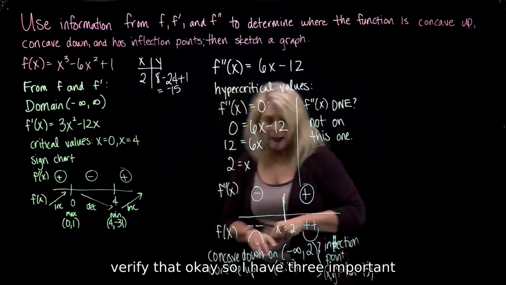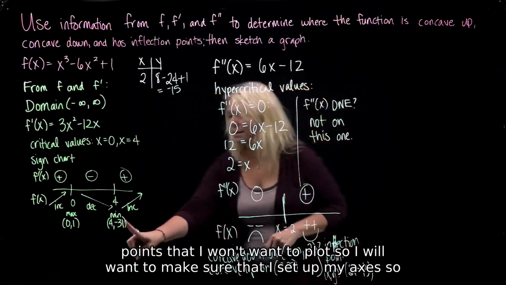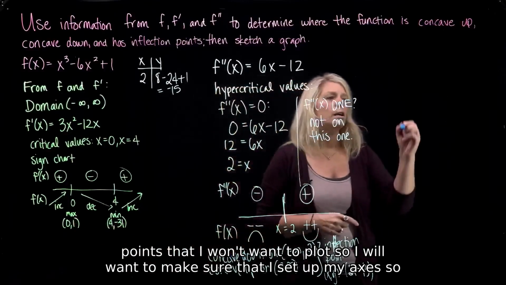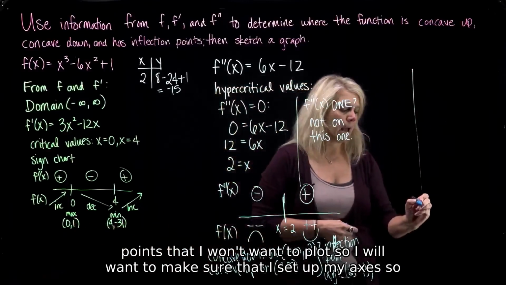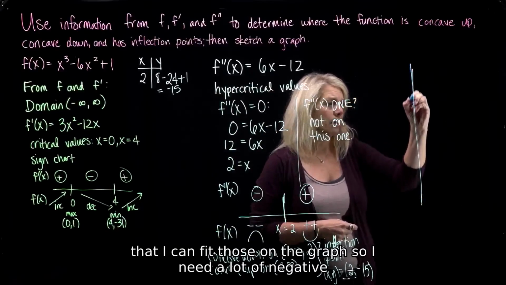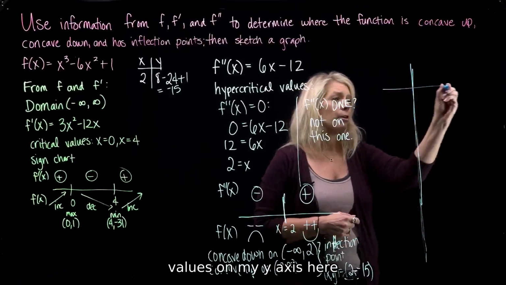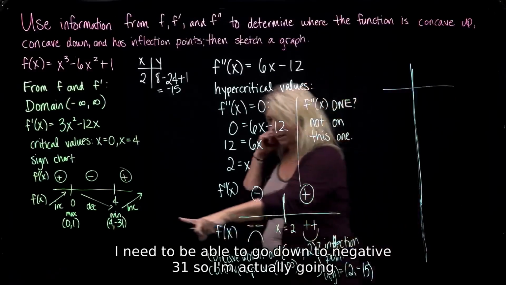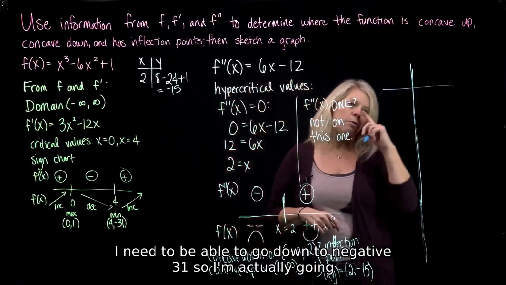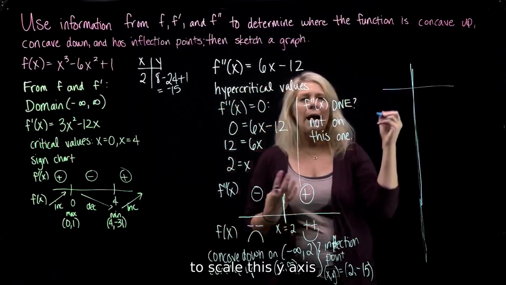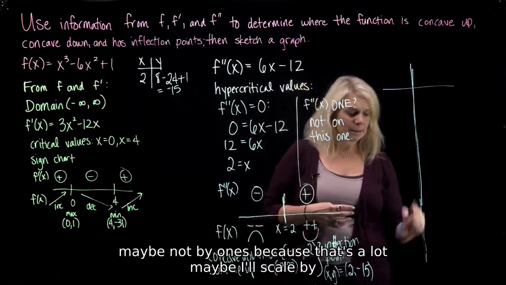Okay, so I have 3 important points that I will want to plot. So I will want to make sure that I set up my axes so that I can fit those on the graph. So I need a lot of negative values on my y-axis here. I need to be able to go down to negative 31. So I'm actually going to scale this y-axis, maybe not by 1s because that's a lot.